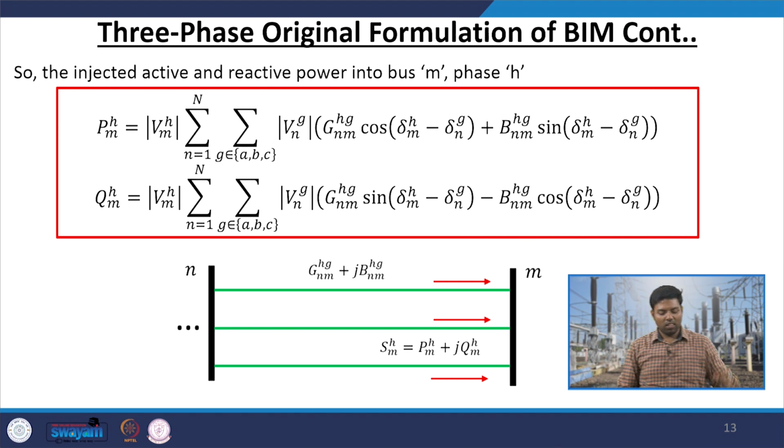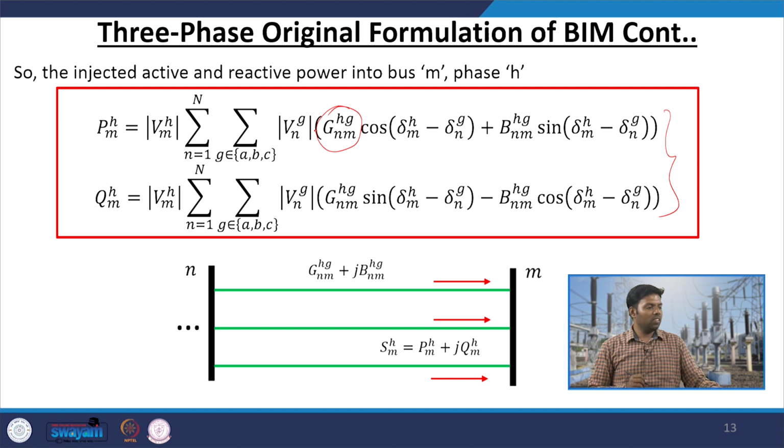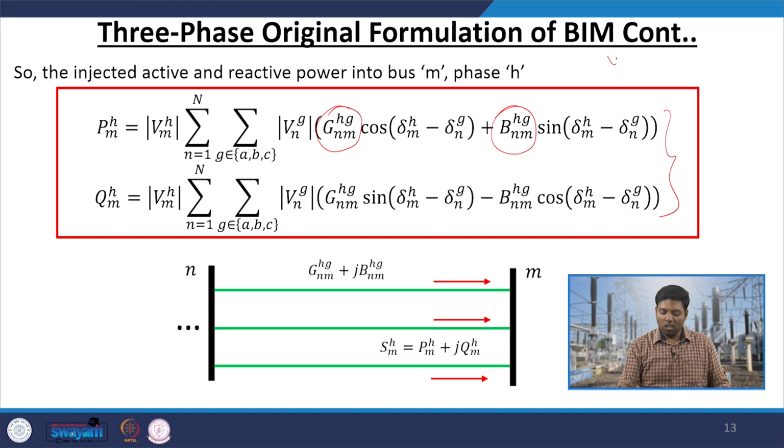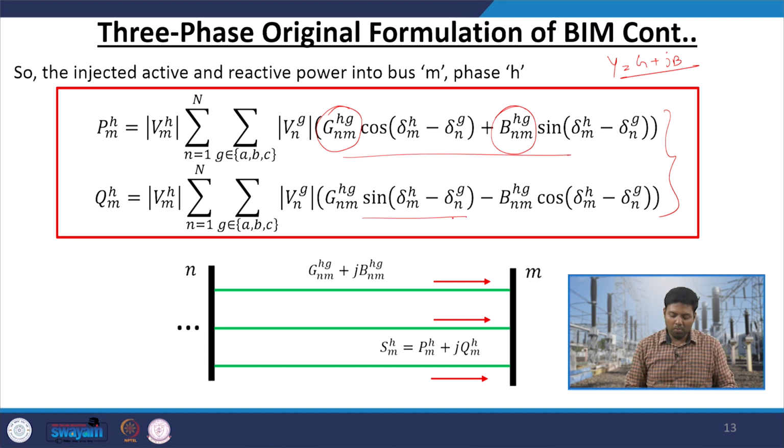With that you will get the equation for the BIM in terms of the line parameters, that is the conductance of the line and the susceptance of the line. That means your admittance quantity. Depending upon this quantity, you will calculate how much active power and reactive power will be injected to each phase of a particular bus. So, this is actually the BIM with line parameters.